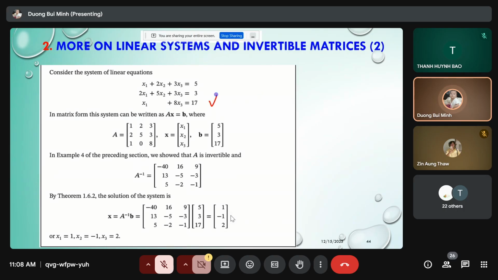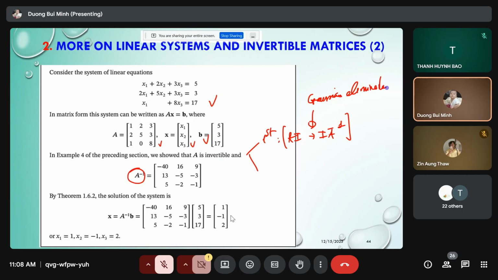Just for your reference, here we can determine A, X, and B. You can get the inverse of A. We have two ways. We apply Gaussian elimination to [A | I] to get [I | inverse of A].